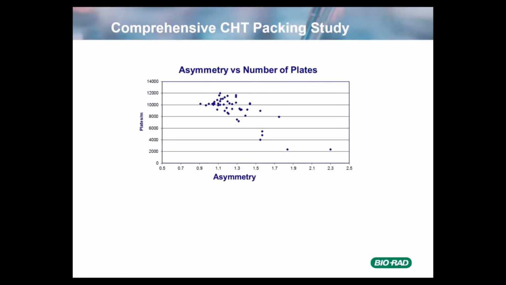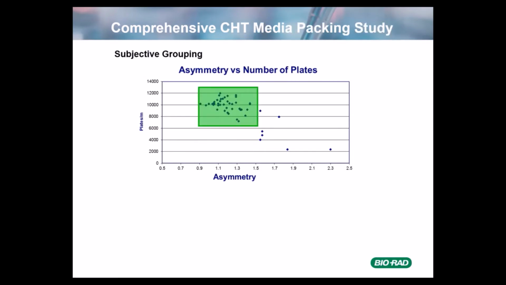So these are the data points achieved from the 28 cycles. They span a range of asymmetries from about 0.9 to 2.3 and plates per meter from about 2,000 to about 12,000. Now we have arbitrarily grouped these into three groups, which I'll show you in just a minute: red, green, and yellow. The green box represents points which most people would consider generally quite good following a packing.